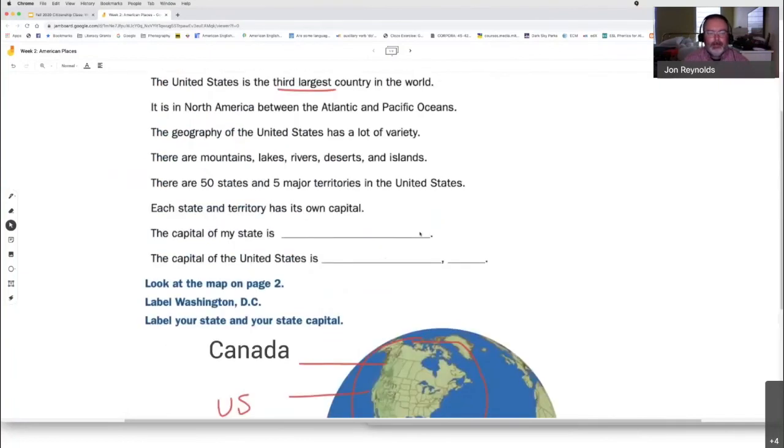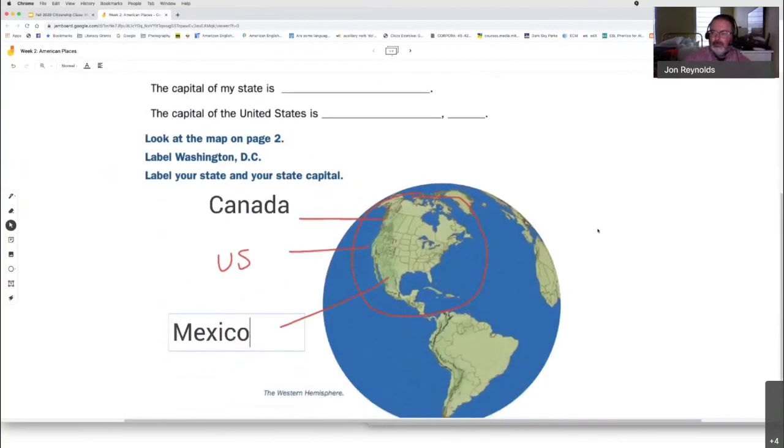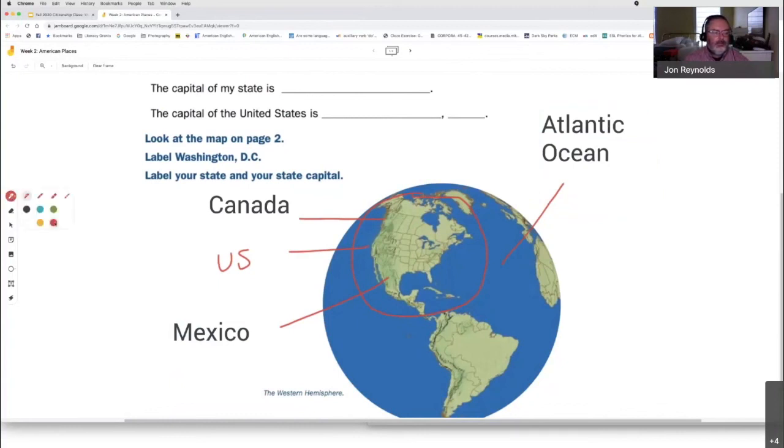Okay? So when we think of North America, it's between two oceans. Okay, so everyone, let's say that, oceans. Okay. All right, now we have two oceans. We have the Atlantic Ocean. So let's make a little line there. Okay, so there's the Atlantic Ocean. So that's the ocean that we have on the east of the United States, right? The East Coast. Okay, and then we have the ocean that is located on the west of the United States.